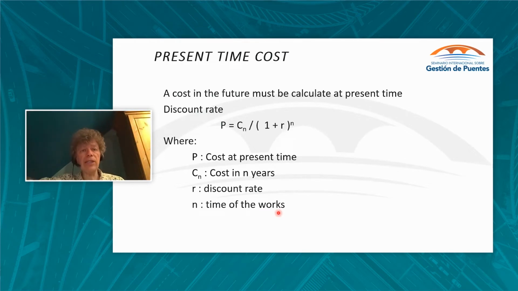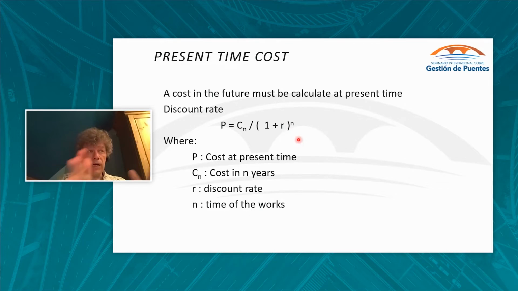How can I express this cost today? I can do that using the discount rate. You have here this relation between the cost in the future and the cost of the same operation at present time. And you can see that it is a function of the discount rate R and the number of years.